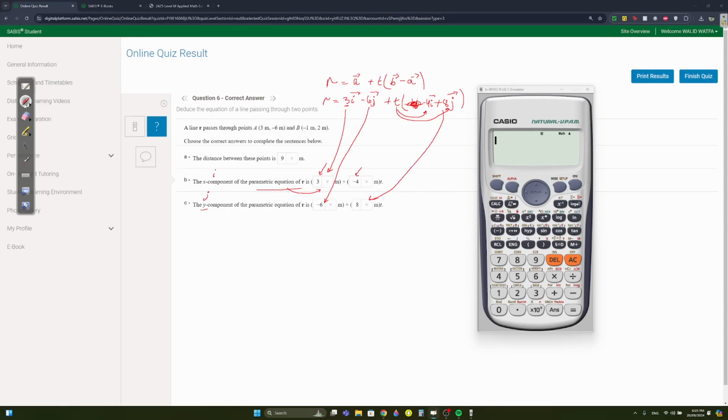So for the people who like to memorize, and I don't think he's going to get this written, you can just take the first number down here and the first number down here. Then for the second number, you just do the second one minus the first one. Minus 1 minus 3 is minus 4, and 2 minus 6 is 8. You can just memorize like that if you have 2 points.